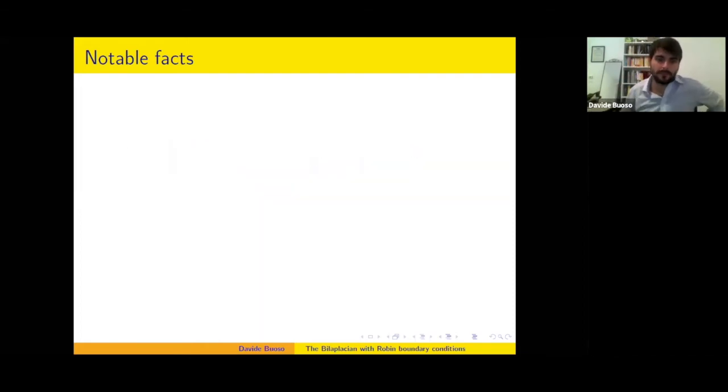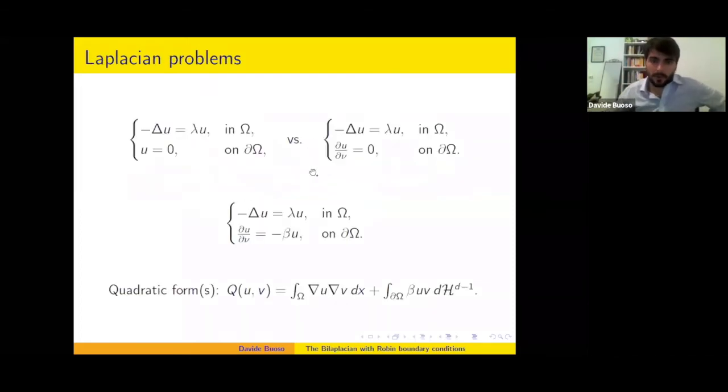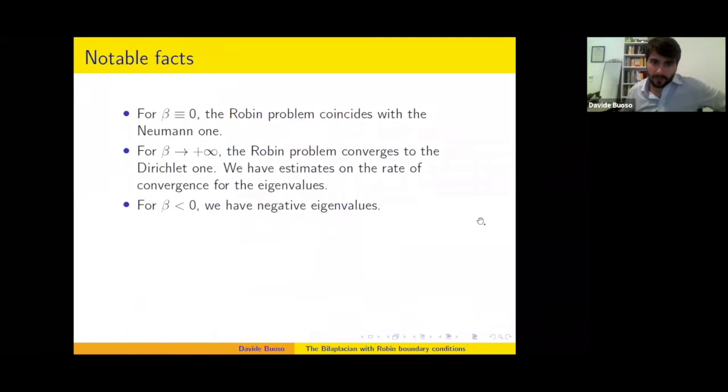For beta positive, the Neumann problem has just a single eigenvalue equal to 0, where the eigenspace is given by the constants. The Dirichlet problem has strictly positive spectrum, while the Robin problem has a strictly positive spectrum when beta is positive, but when beta is negative, you have the appearance of negative eigenvalues.